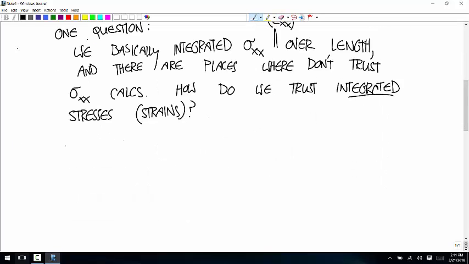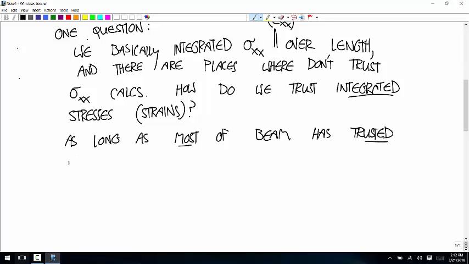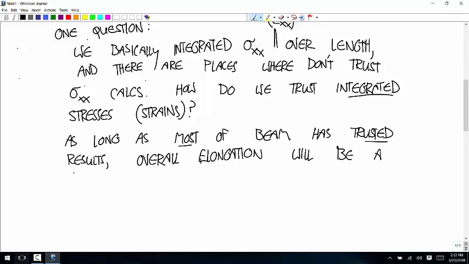So as long as most of the beam has trusted results, the overall elongation will be a good estimate.